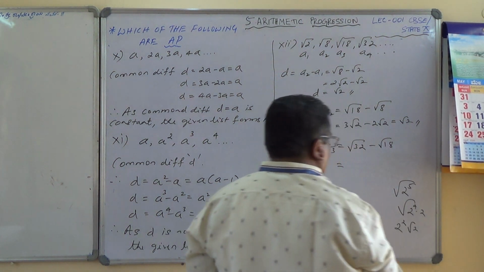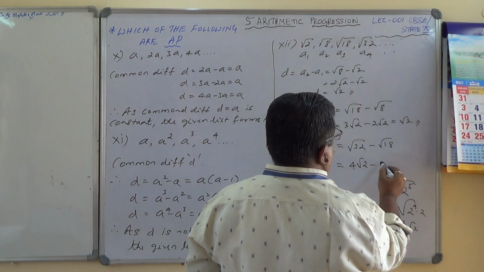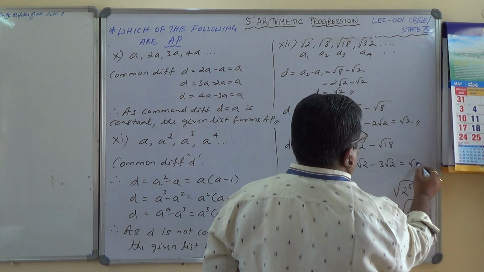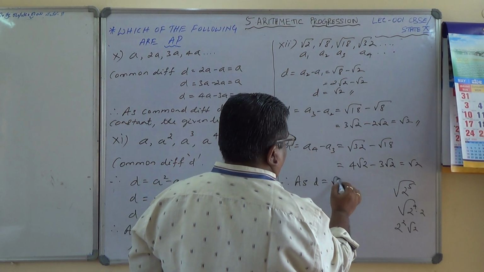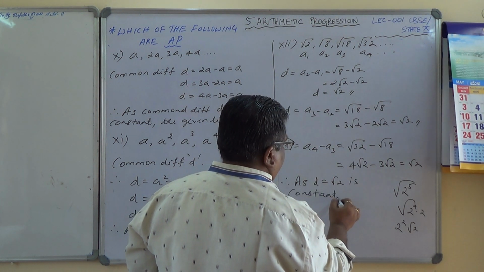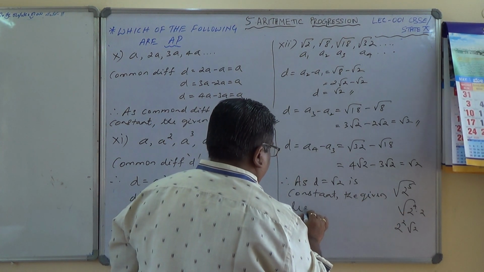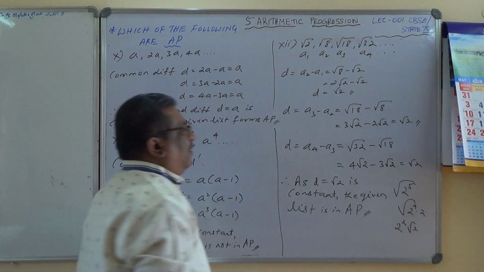So this is 4 root 2. So 4 root 2 minus 3 root 2, root 2. Therefore, as D equals root 2 is constant, the given list is in AP, or forms an AP.